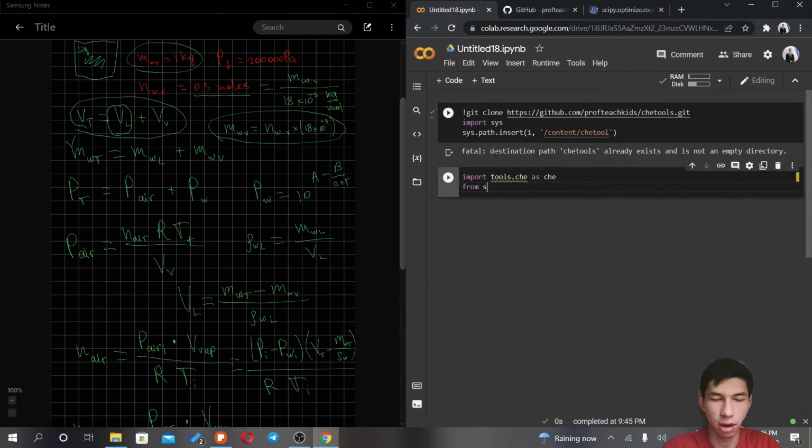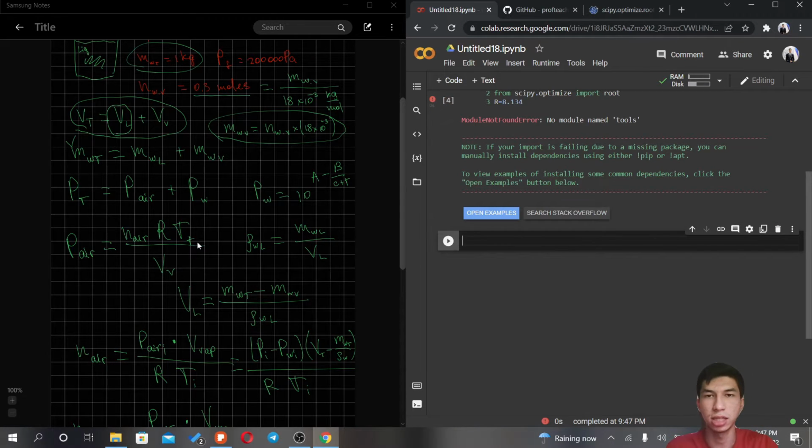So we need to import root from scipy.optimize, right? Then when we look at our equations, we have one constant that is used probably everywhere, which is R. As we are using SI-based units, we would use the value 8.314 for R. So we run it.